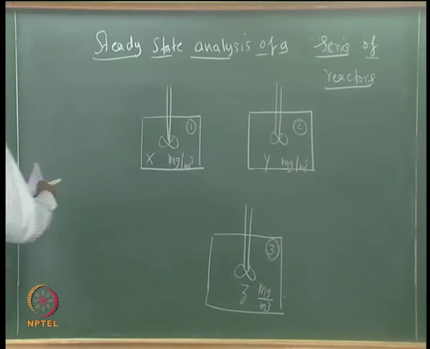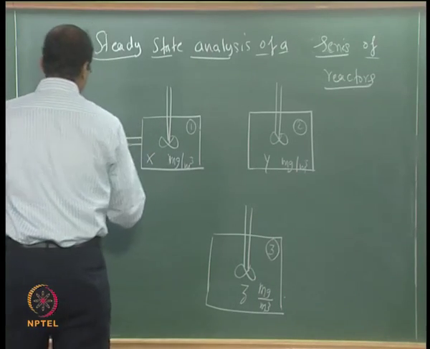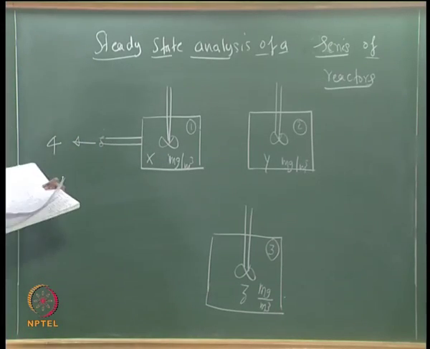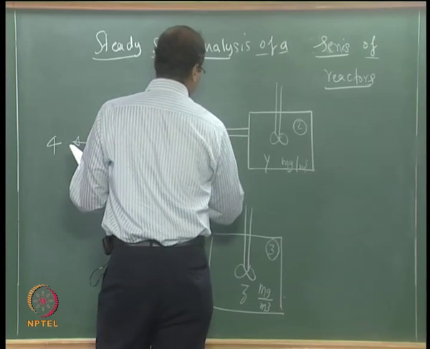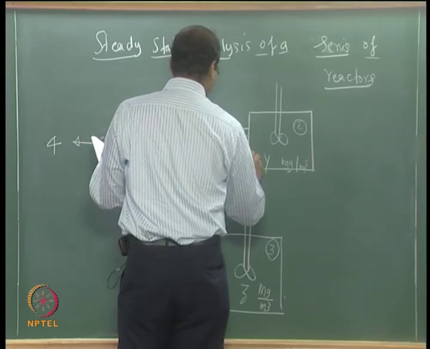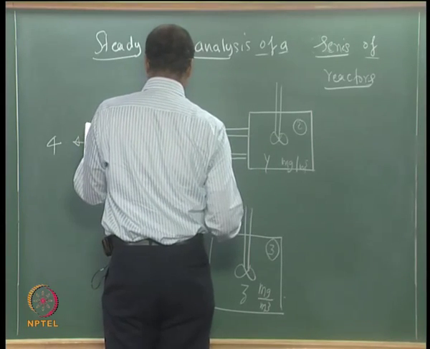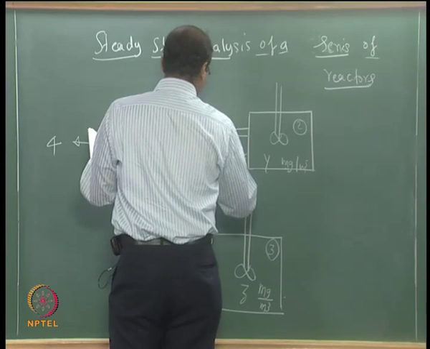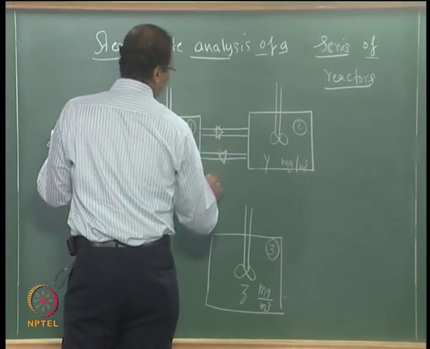Now so I have a pipe and I pull out 4 units. So when it is going, it is x, when it is coming, it is y.